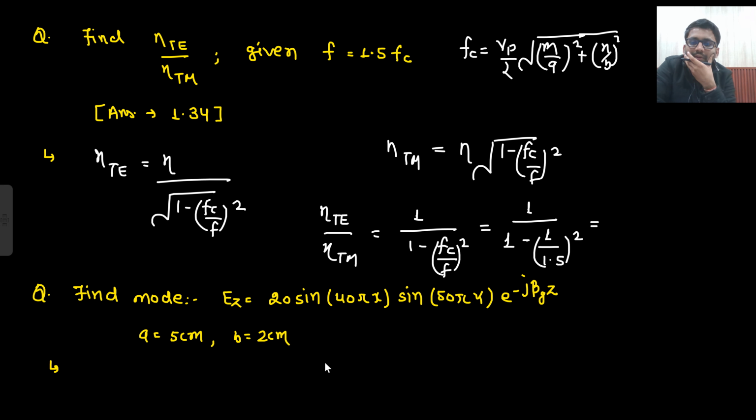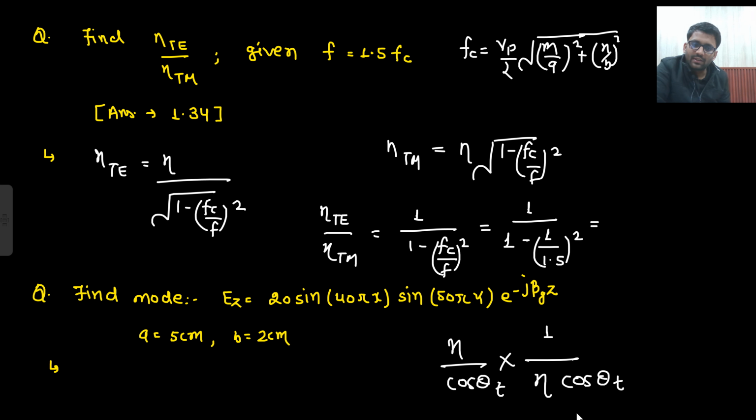Are we doing anything wrong? Eta TE upon eta TM. Eta TE will be eta upon cos theta T upon eta TM. So eta TM will be eta into cos theta T. So we are getting 1 minus FC by F whole square, right? Under root will be full value only, 1 minus FC by F whole square. So 1 upon FC by F whole square.